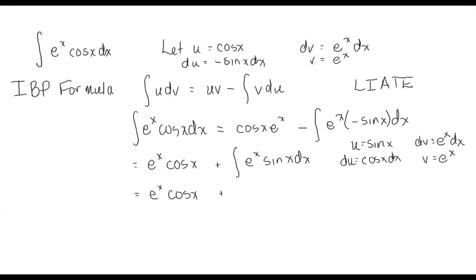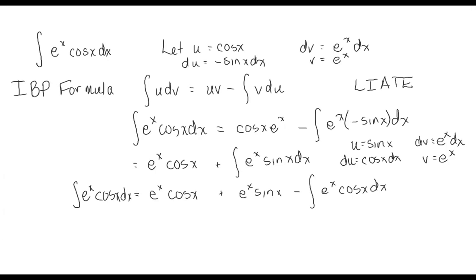Plus u times v, e to the x sine x, minus integral of v du, e to the x cosine x dx. And remember, what we were calculating in the first place was integral e to the x cosine x dx.